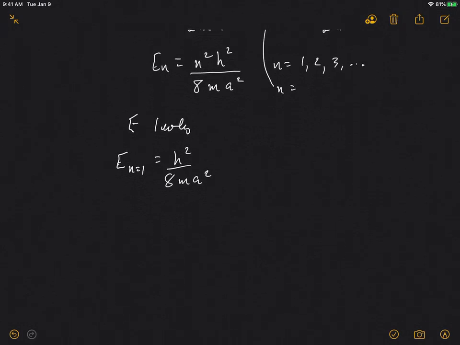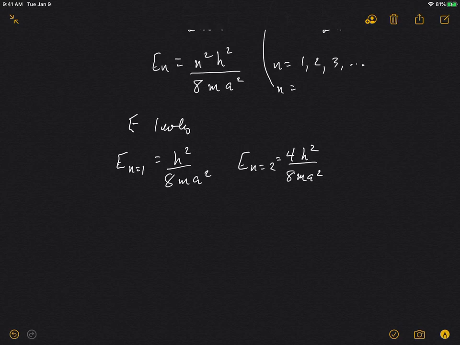So that's for n equals 1. For n equals 2, we're going to get 4 h squared over 8m a squared. So that's going to be 4 times the energy of n equals 1.